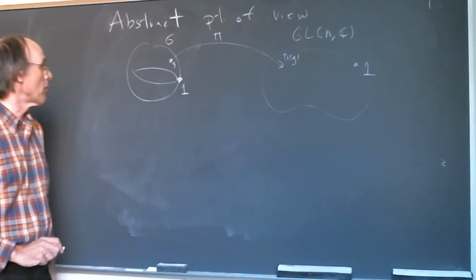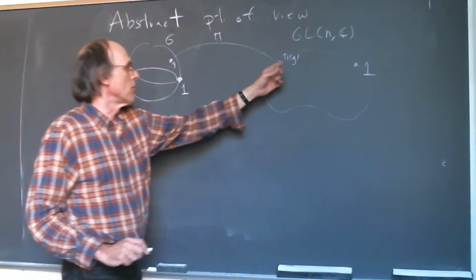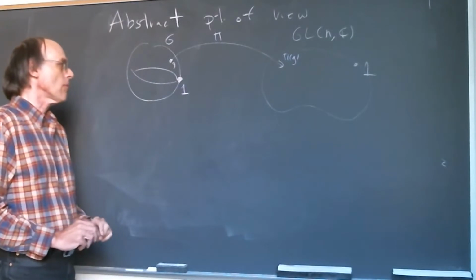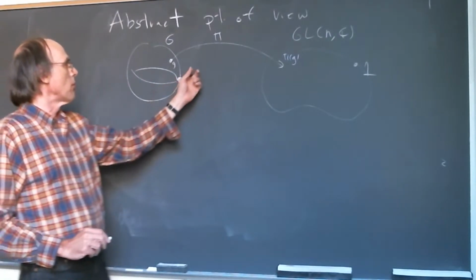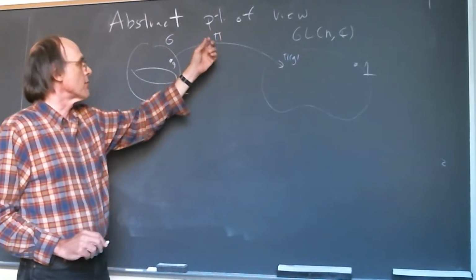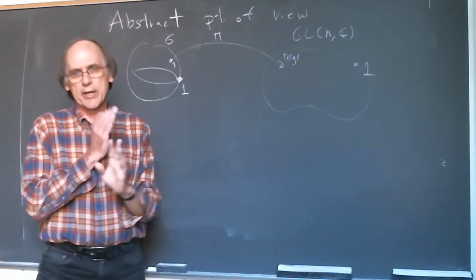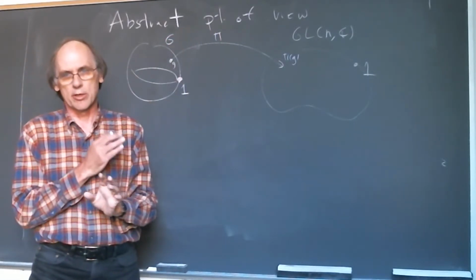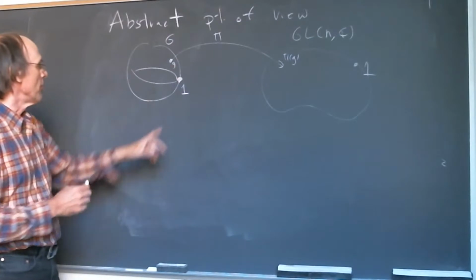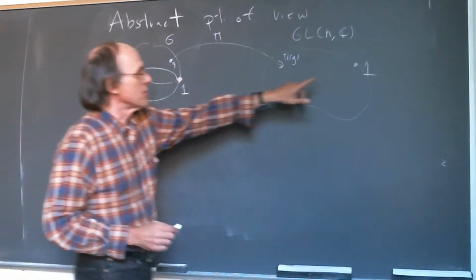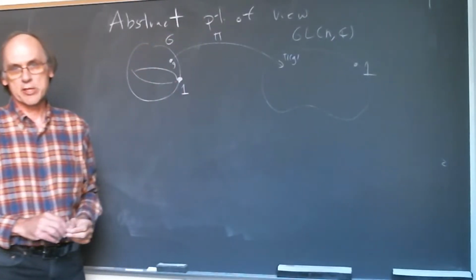So what we want to do is a standard thing: given something nonlinear, find a linear approximation to it. So linearize it. First we want to linearize these two spaces, to get a linear approximation to them.